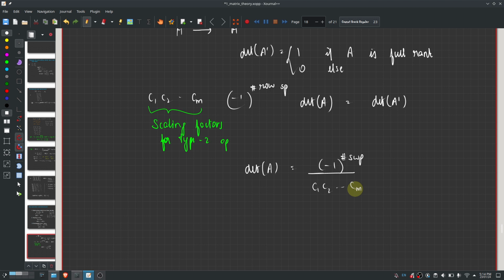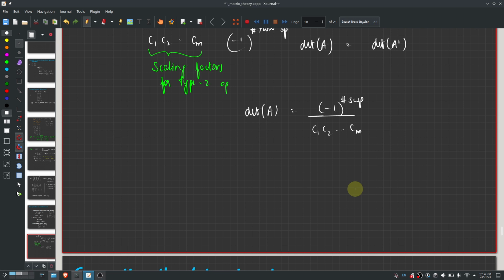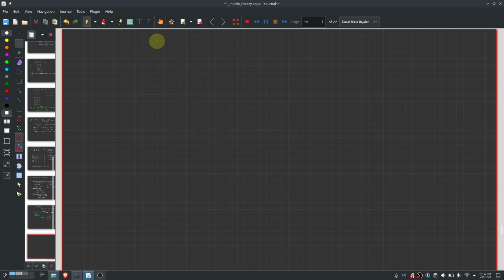Right? So let's see this with an example. Let's take an arbitrary matrix, say 1, 2, 3, 2, 1, 0, 0, 2, 0, 1, 0, 0, 0, 1, 2, 2.